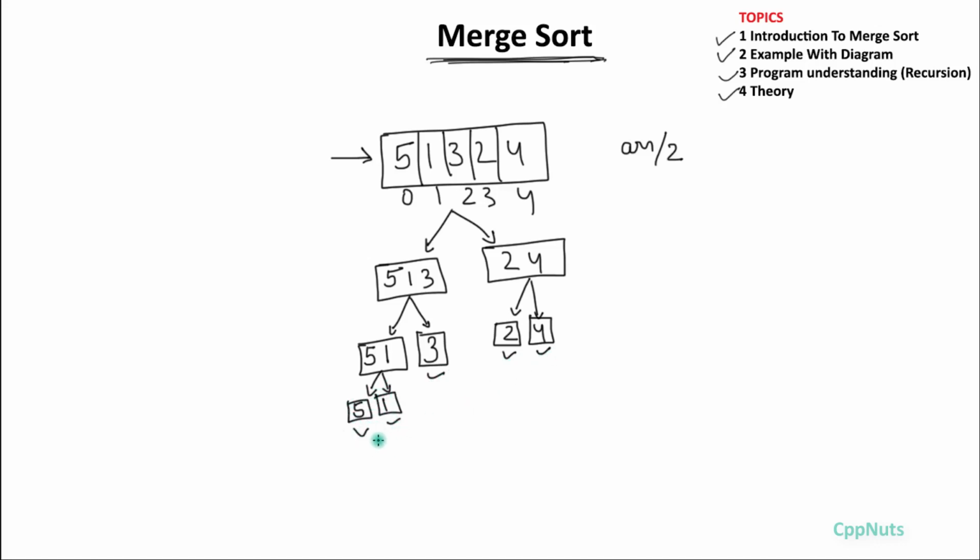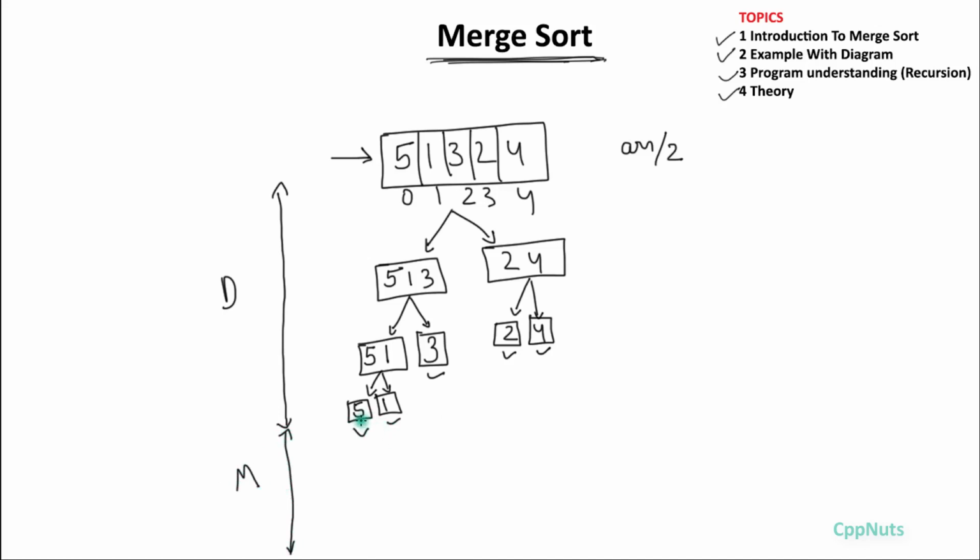Now what you will do, you will merge these two elements, okay. You will start merging. So from here to here it was a divide operation, okay. Now from here onwards it will be a merging operation, okay. So we'll see how it will work.